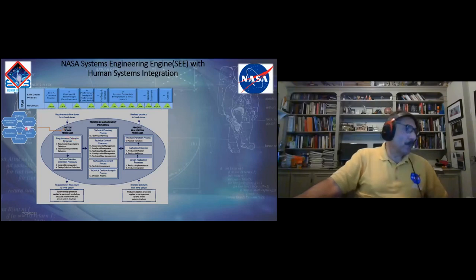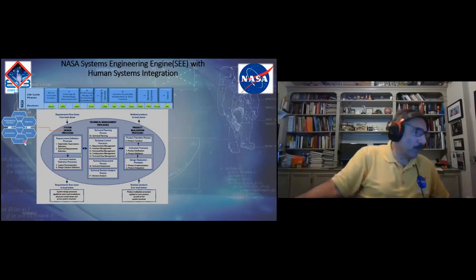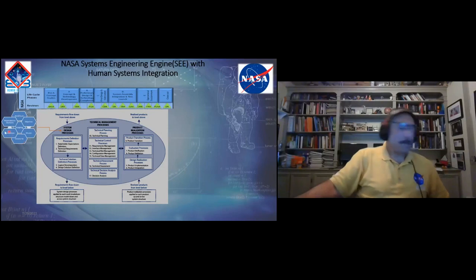And so scoping has to do with understanding what our needs are, what the problem is, the objectives, what the mission is we're trying to do, and what constraints I have in terms of cost and in terms of schedule.